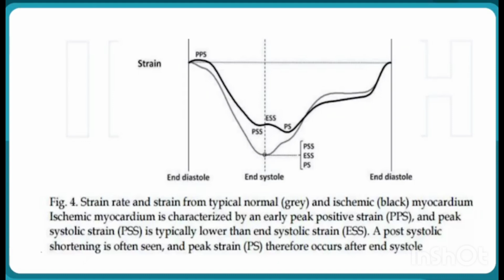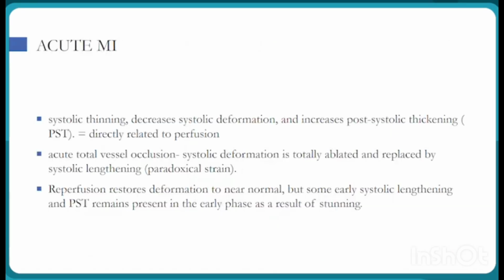Followed by, you also have a post-systolic strain which is labeled by PSS, and also a peak systolic strain which is higher than the post-systolic strain. This is more typical of an infarcted myocardium.